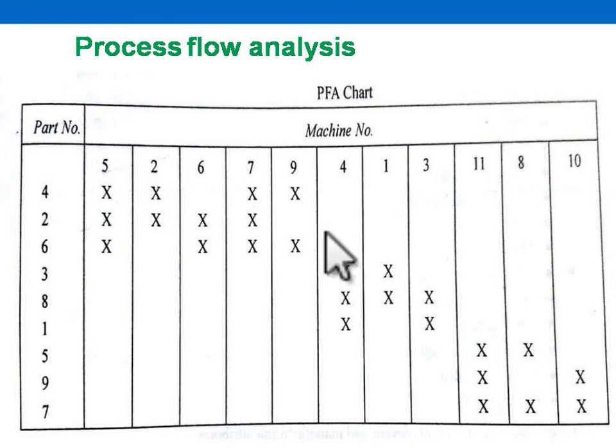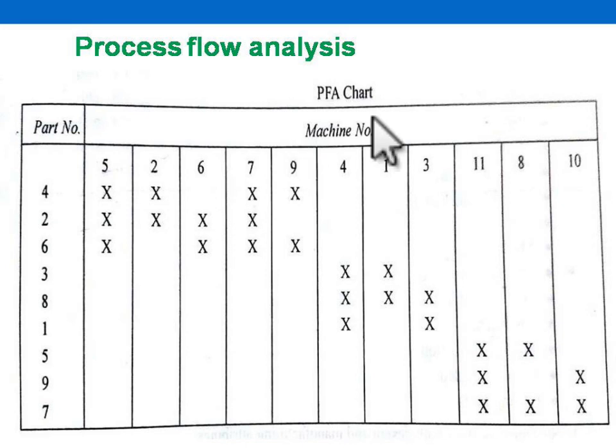Others we don't require. Where there is a cross mark, it means that part requires that machine. So the fourth part requires the fifth machine and the second machine, but we don't require the sixth machine, because here we don't have a cross mark. That blank space means x_46 is equal to 0.